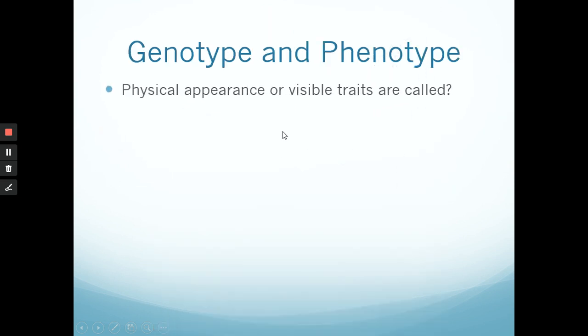So talking about genotypes and phenotypes, we should have this committed to memory by now. A physical appearance or a visible trait are called what? Whether you have an attached earlobe or a free hanging earlobe, hitchhiker's thumb or not, widow's peak or straight hairline, these are phenotypes, the physical characteristic.